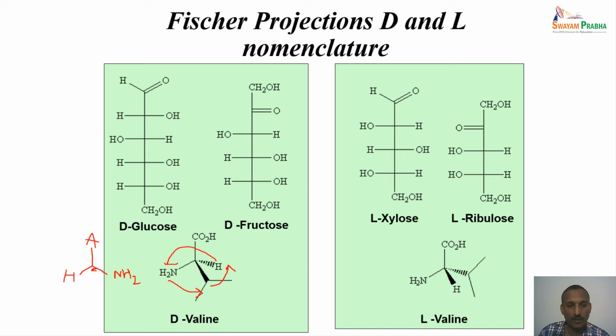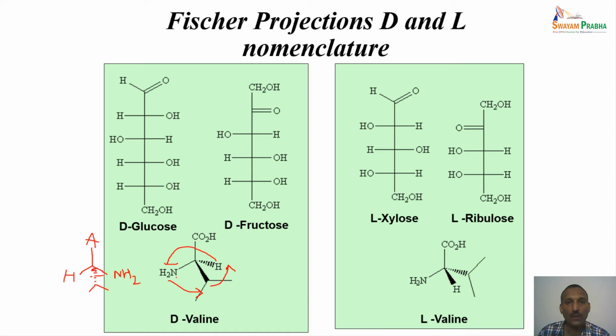And then the CH3 group is now pointing away from the observer. So that means this acid group, this methyl group and this central carbon, all the 3 are in a straight chain, perfectly in the vertical line, and these 2 are now pointing away from the observer. That is the reason this NH2 is on the right hand side.